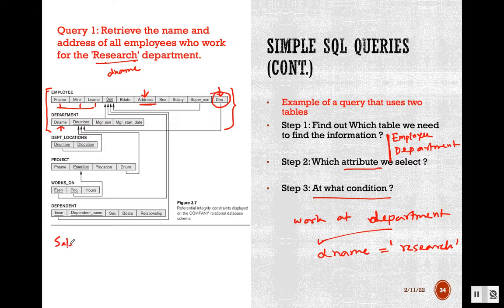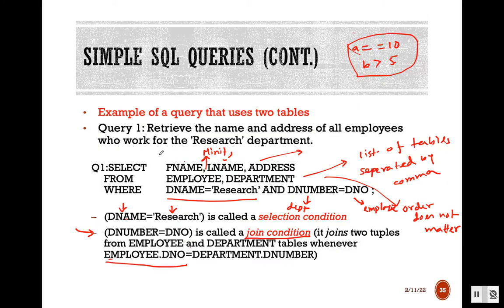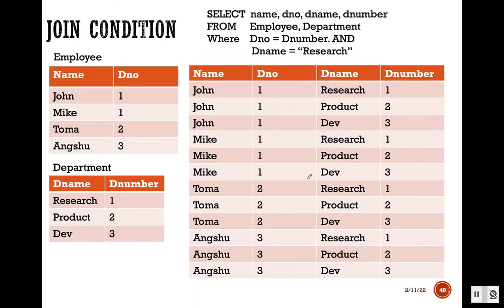So if we select, let me see the example here, select F name, L name, address from employee and department where D number equals DNO, it is going to find all the information of the department where each employee works. Then we do a further selection condition where D name equals research.